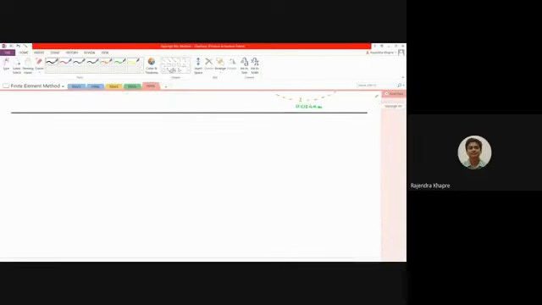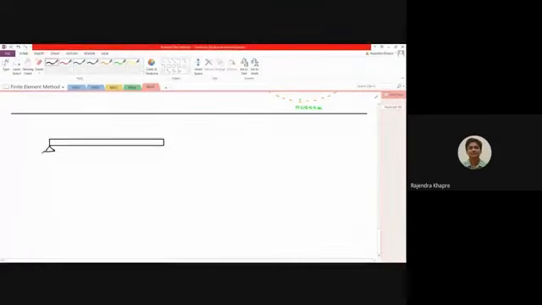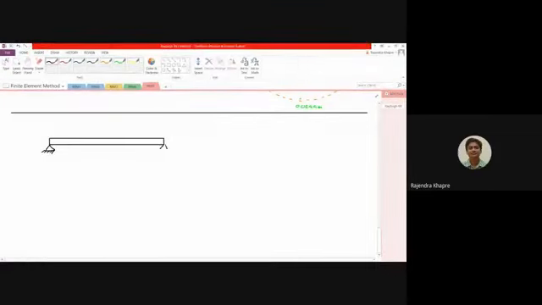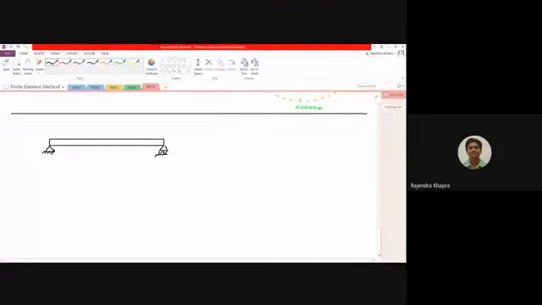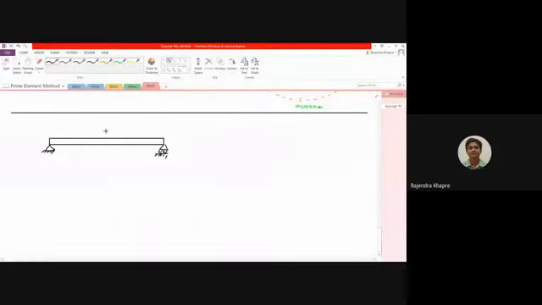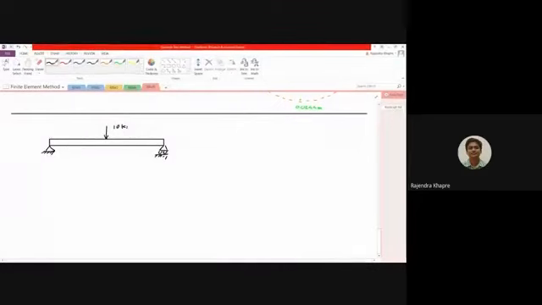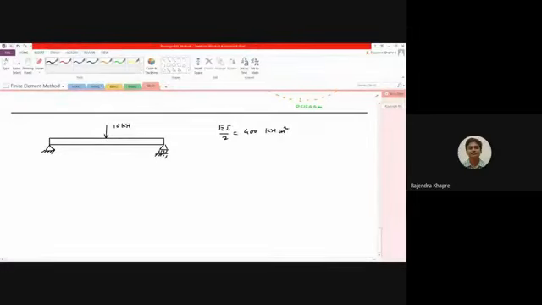So this is my beam, and we have a hinge support over here, and a roller support over here, and at the center we have a load of 10 kilonewton, and we already have calculated EI by 2 as 400. I think this is kilonewton meter to the power 2.